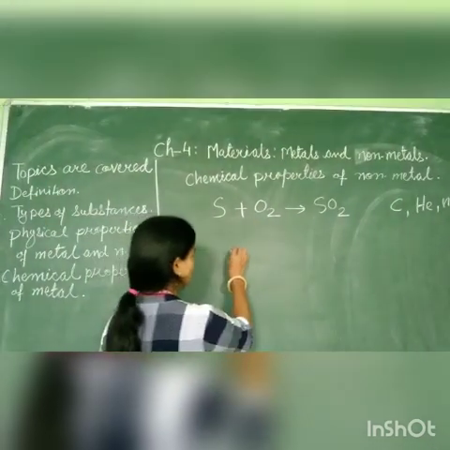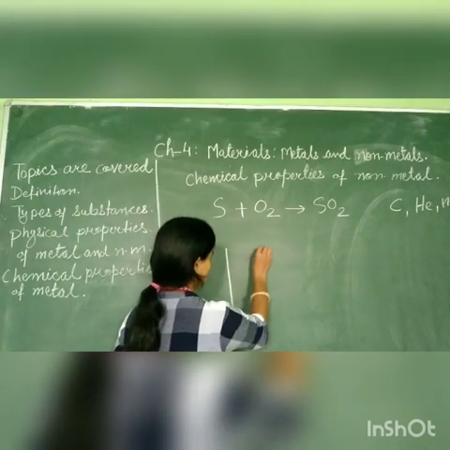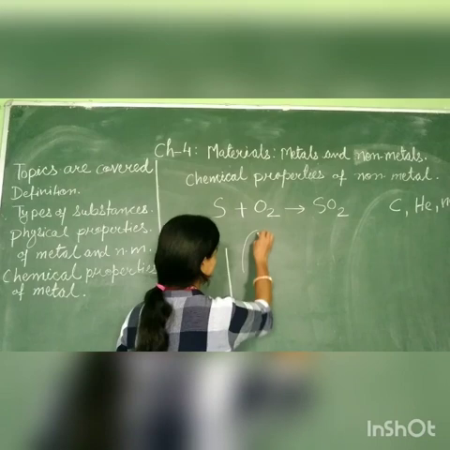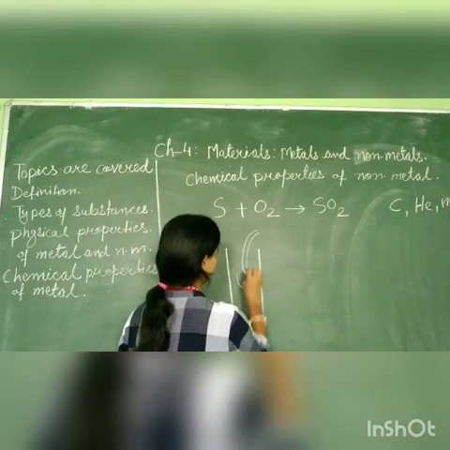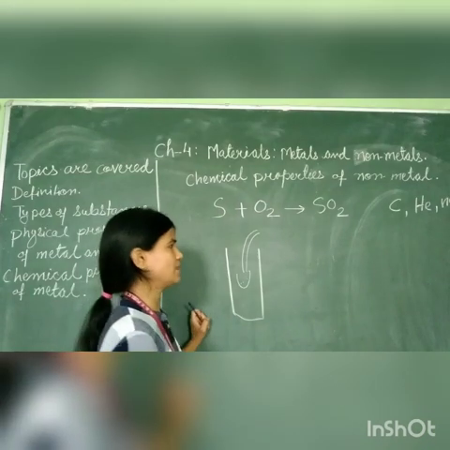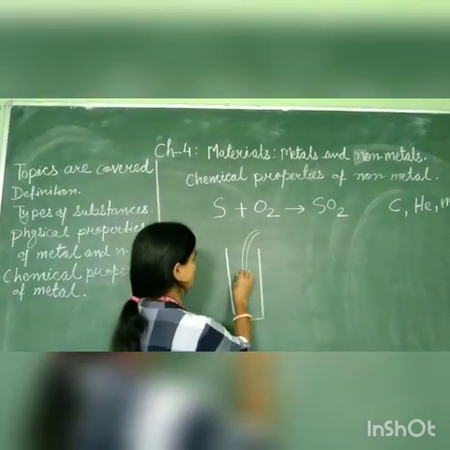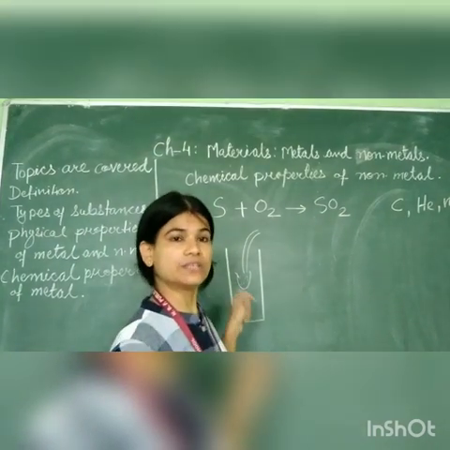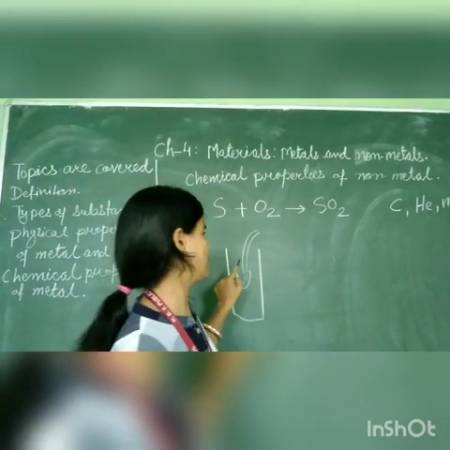For that, we will take a glass jar. In this jar, with the help of a spoon, we will take sulfur. Sulfur occurs in solid, liquid and gaseous forms, but here we will take the solid, powdery form of sulfur.